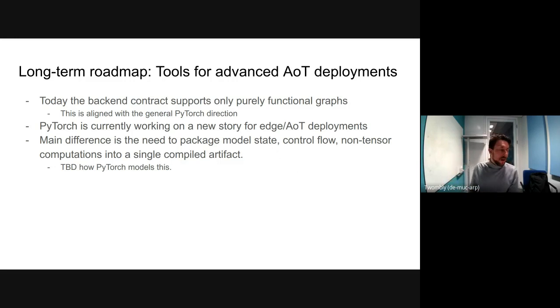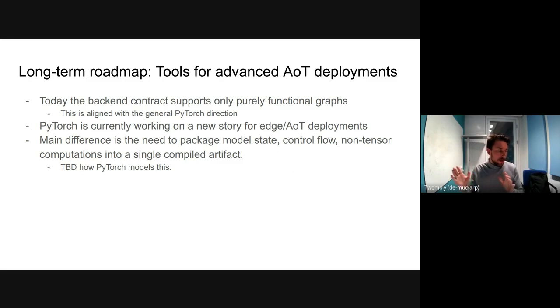And so for those backends, we need to figure out how to combine the purely functional tensor computation with all the model state. This is something we're aligning really closely with PyTorch on, and I think they're still digesting the best way to approach this.